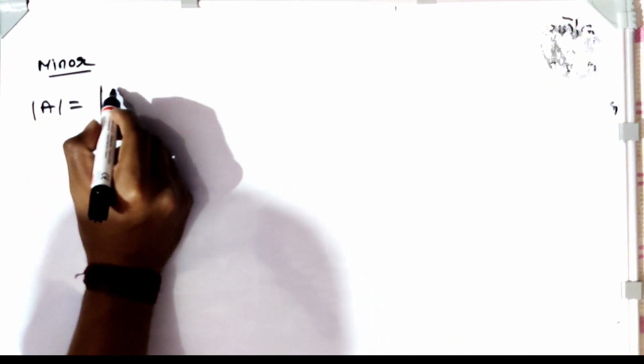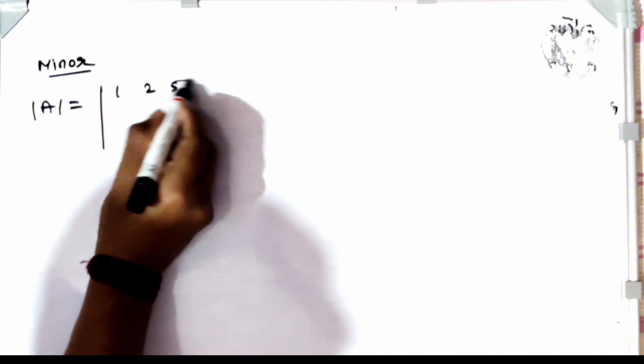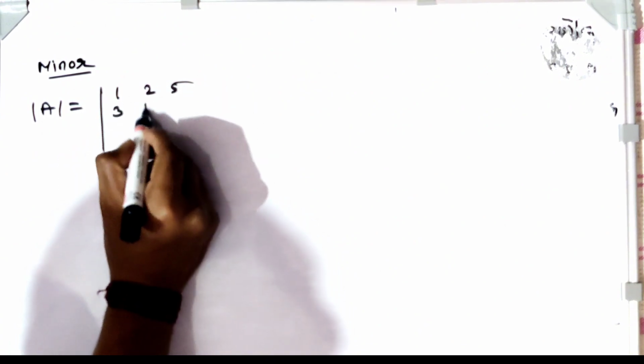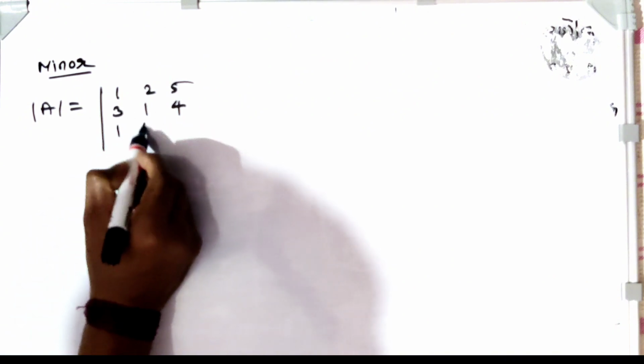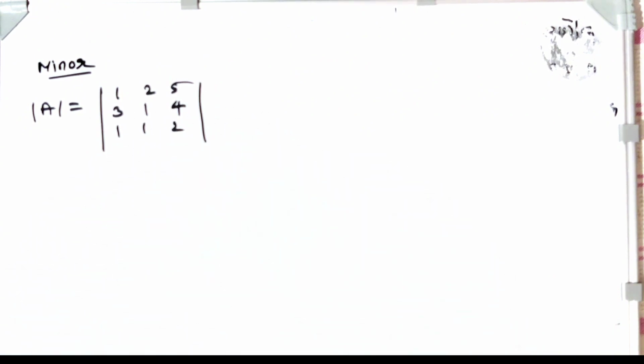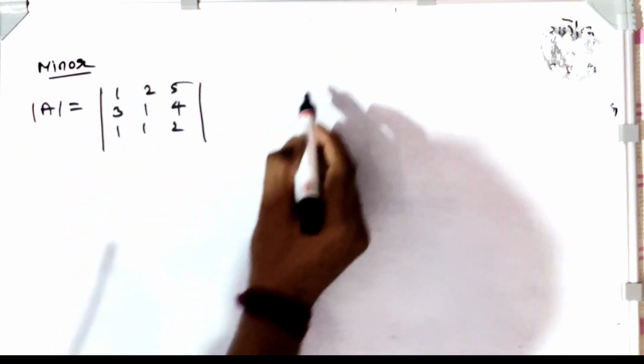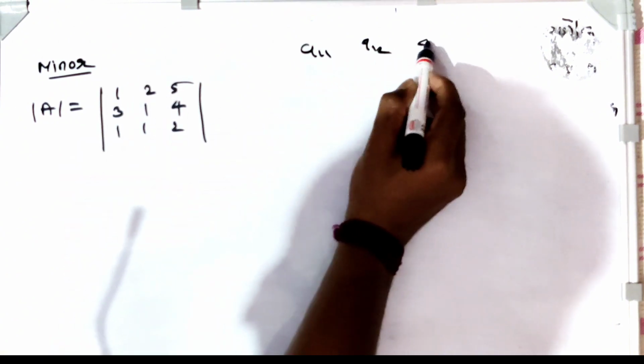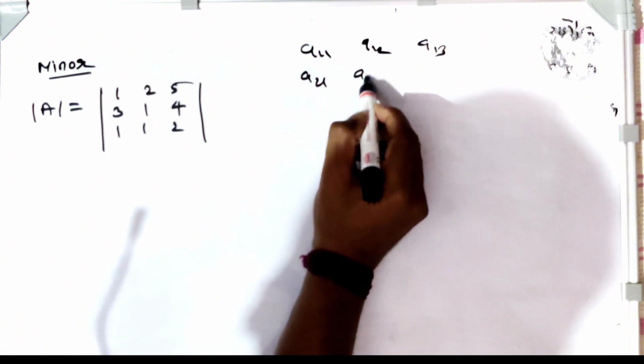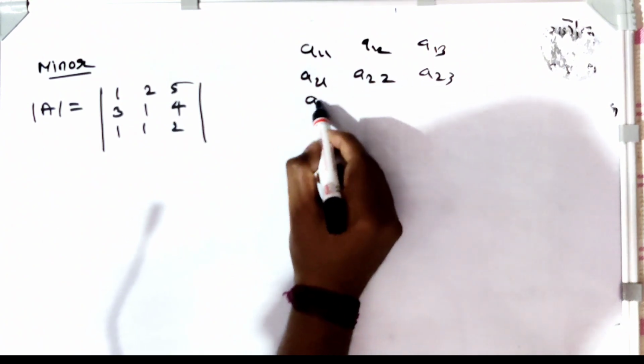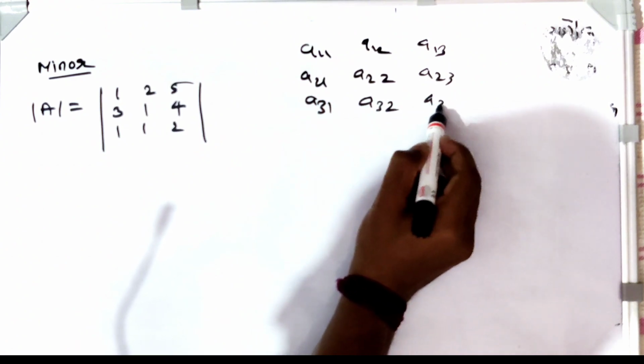The next topic is minor of a matrix. Let A be a matrix containing entries 1, 2, 5; 3, 1, 4; 1, 1, 2. As we know, the elements are A11, A12, A13, A21, A22, A23, A31, A32, A33.